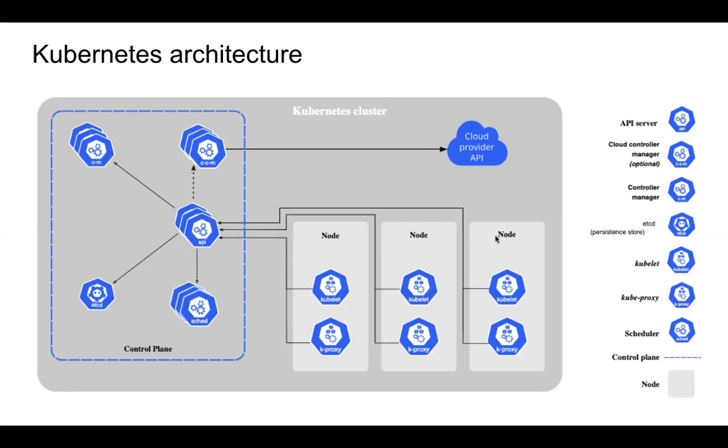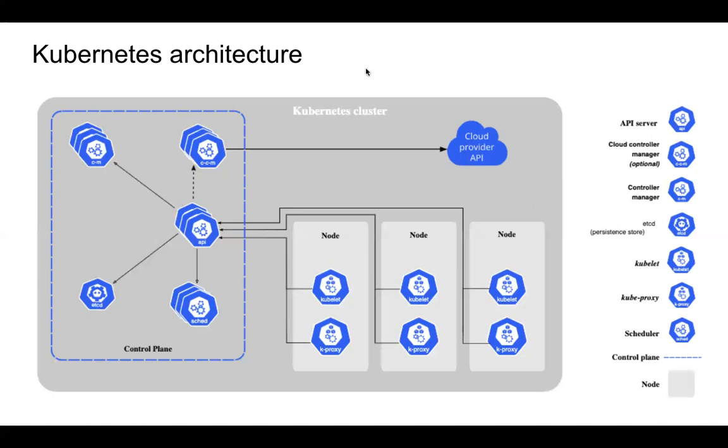One node can have more than one pod. A node is nothing but a machine. It could be a virtual machine or a physical machine in which one or more pods run, and each pod can have multiple containerized applications.